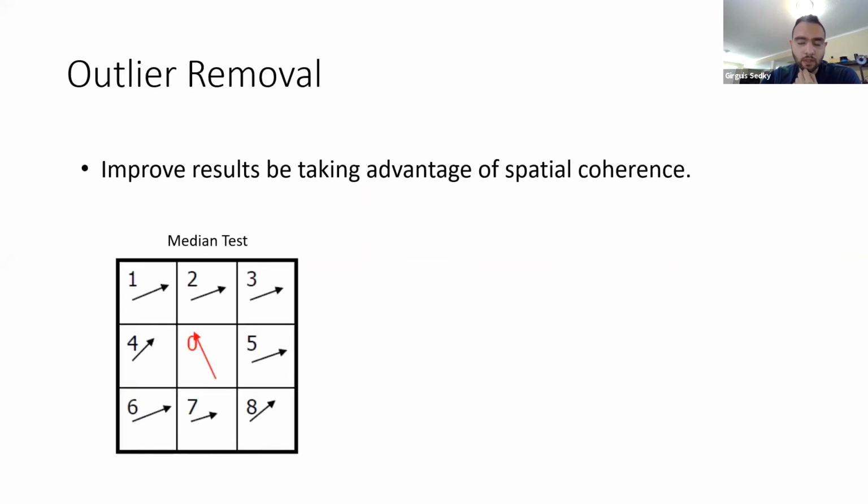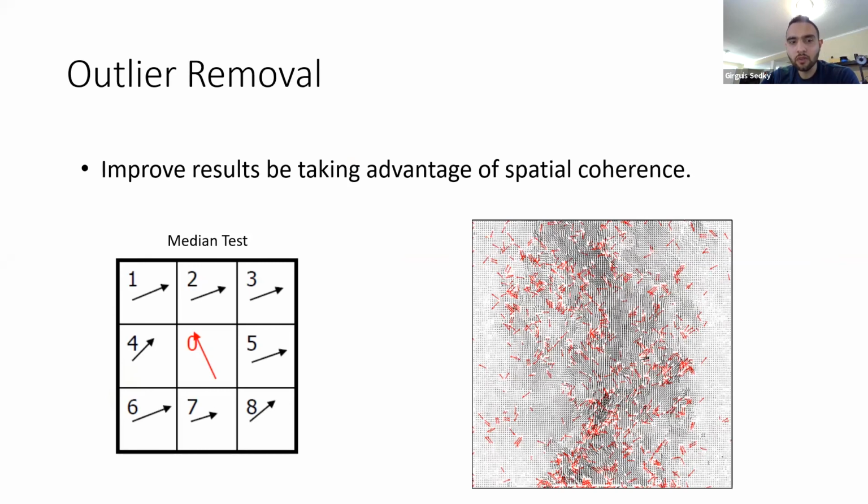You have to do some post-processing on the vectors, which is called outlier removal. If you have vectors that are completely off, you need to remove them. The way you find out if a vector is completely off from what it should be is that you look at the vectors around it. If the vector in the middle here is way too different than the vectors around it, then you replace it.